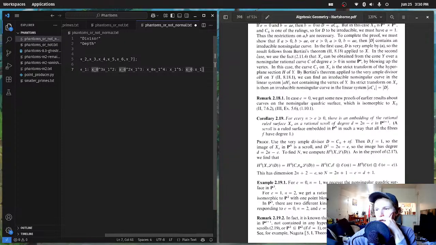For example, maybe I should have y0 and y1 here. I mean, they've got to be homogeneous relations, right? If we're going to define some projective variety. If we were just thinking about them in this way, then we would have something like this coordinate squared times this one cubed minus that one is 0. And that's not a homogeneous relation. So this is like y0, y1, where these are both degree 5 for some reason.